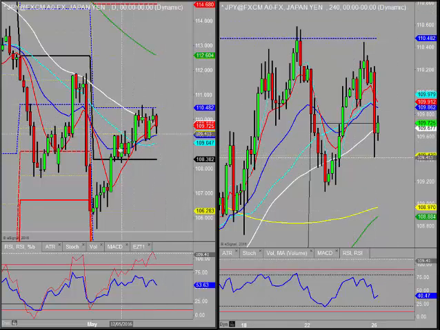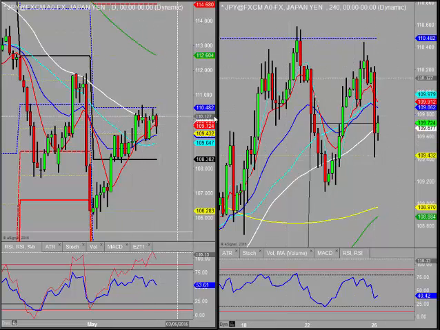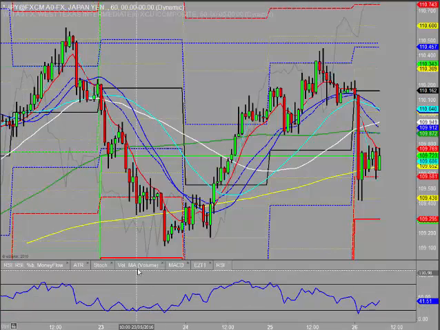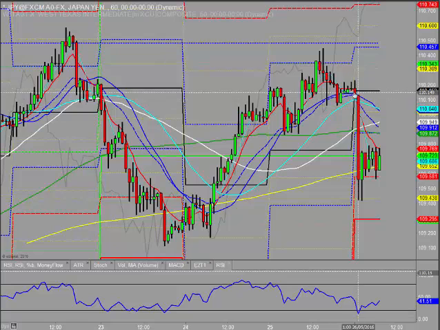It's temporarily stopped its trend, but I still like the potential for the upside at some point. But again, as with the euro, it's hit at least 2 of the key daily pivots, well, 3 daily pivots. It's hit a pivot, in this case the S1 and the S2, as opposed to the R1, R2.